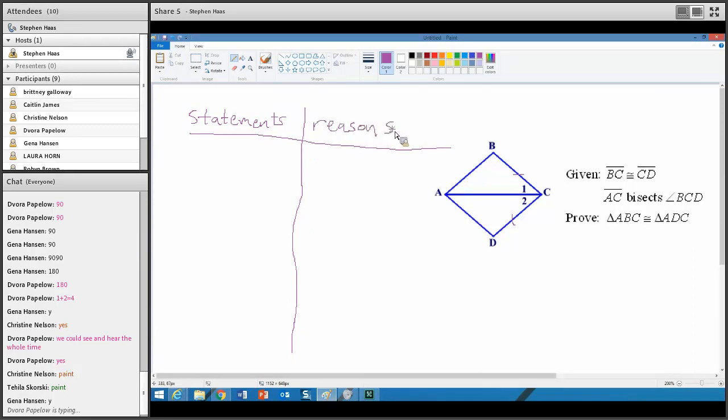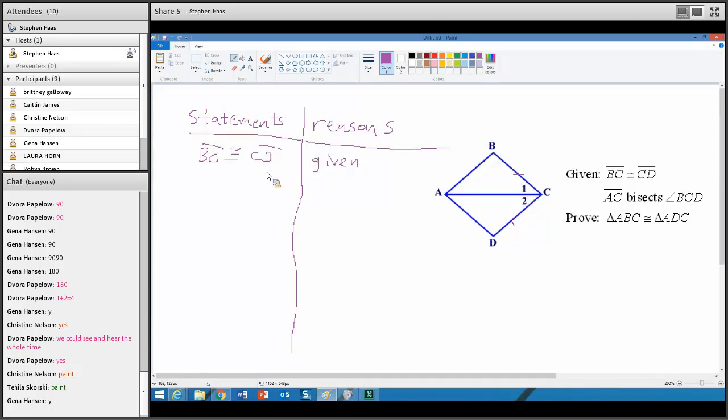What should we put first as our first couple of statements? Well, let's use our givens. Let's put in BC is congruent to CD, given.